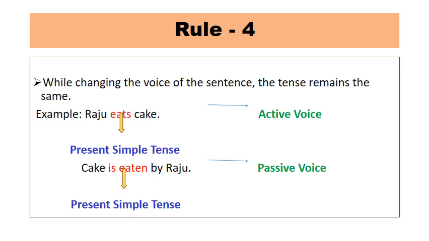The verb is eats and it is present simple tense. See the passive voice. Cake is eaten by Raju. The voice has changed, but the tense is the same. It means while changing the voice of the sentence, the tense remains the same.